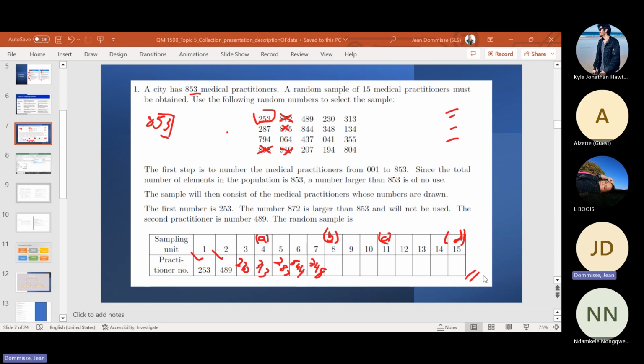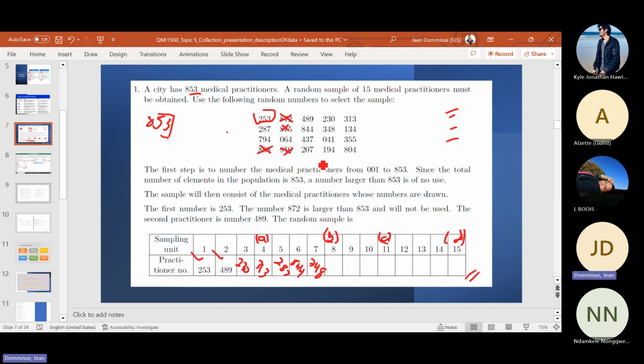Exactly. And that's probably why they will also not ask it, to be honest, Kyle. Unless they just want to test that you understand that 872 is not an option.